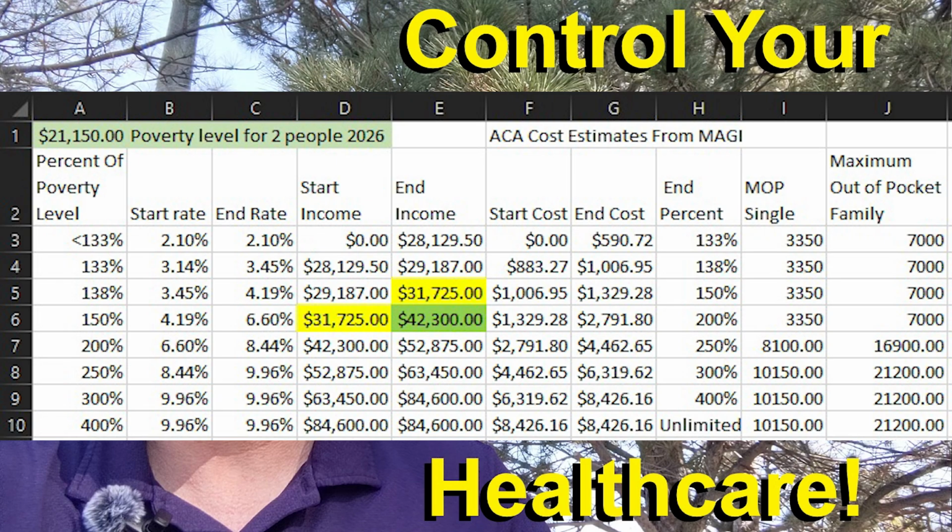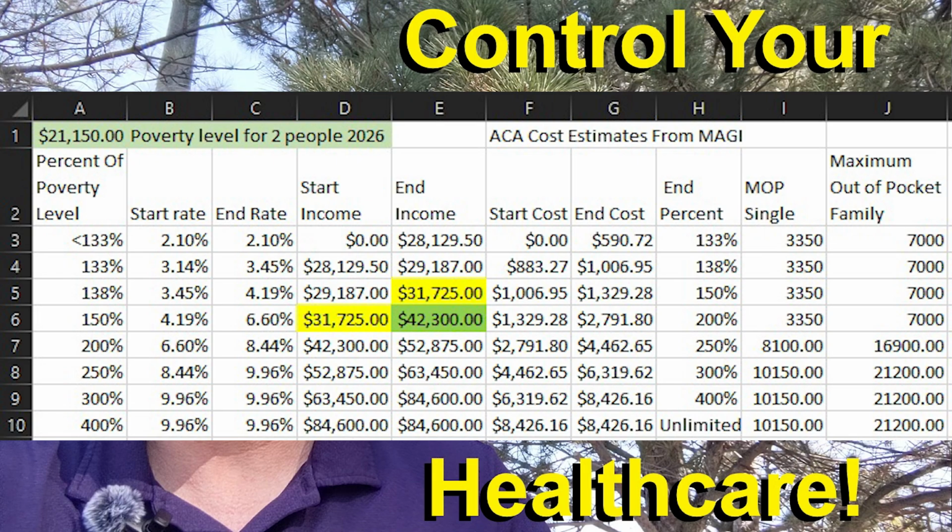So for a single person, your single out-of-pocket costs go from $3,350 to $8,100 a year. That's a huge jump for a single person. And your family out-of-pocket jumps from $7,000 to $16,900, which is a huge change. So if you can keep your income beneath $42,000, then you don't have near the out-of-pocket costs that you have if you cross that limit.